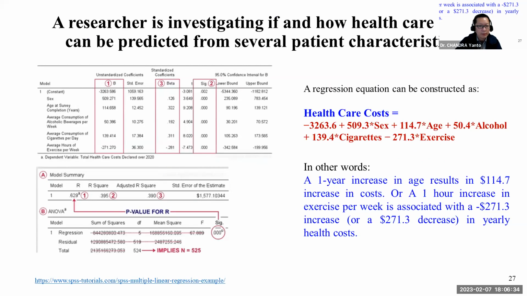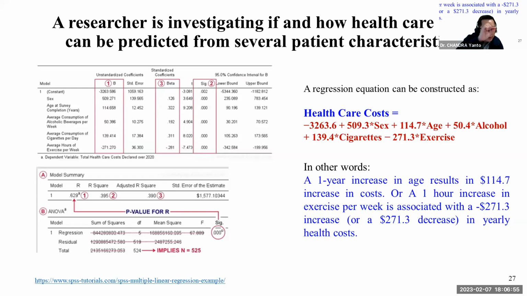Let's say there's another example from another study, from data that you can click from that web link, from an SPSS tutorial somewhere that has been posted on the internet. So a researcher is trying to understand whether healthcare costs that people are paying can be predicted by their characteristics as a patient.